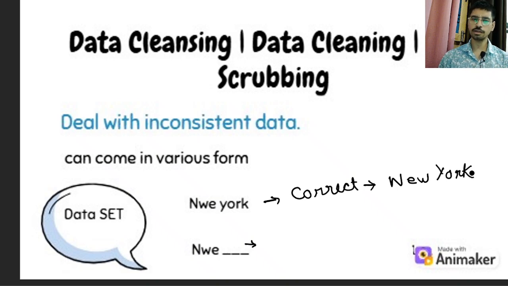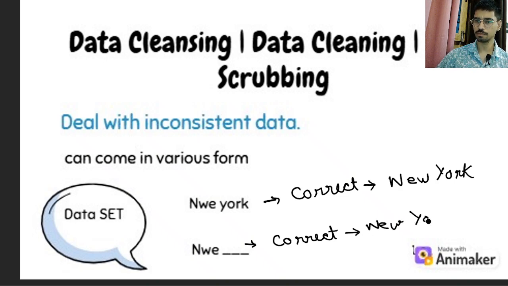In another data set, a letter is missing and the spelling is not correct, so we simply correct it to New York.